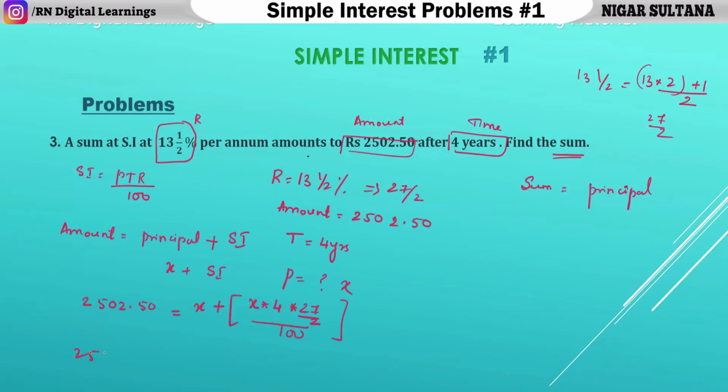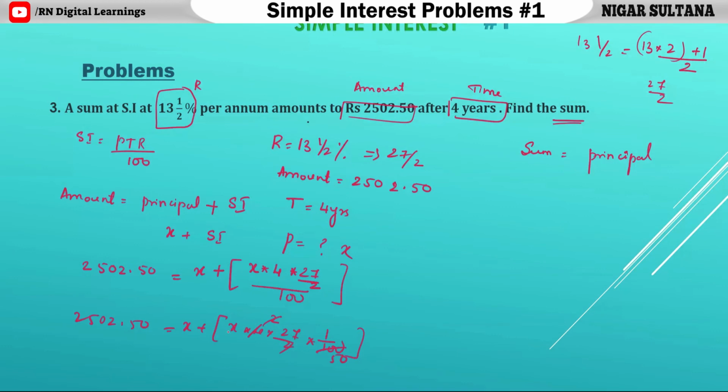This can be written as 2502.50 is equal to X plus X into 4 into 27/2 into 1/100. 2 1s are 2, and again 2 1s are 2, this is your 50. This is your 27x plus 27x divided by 50.